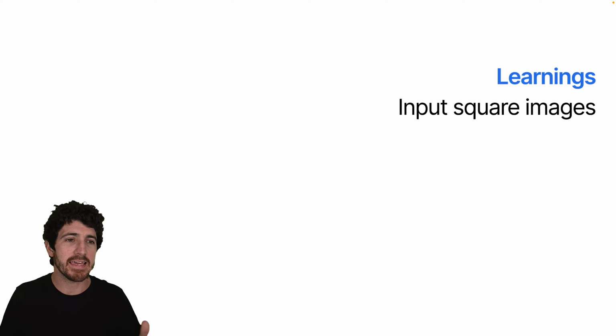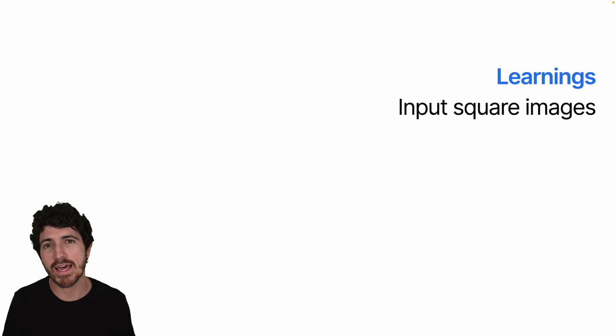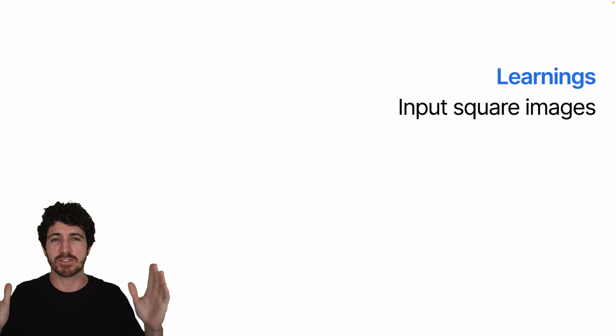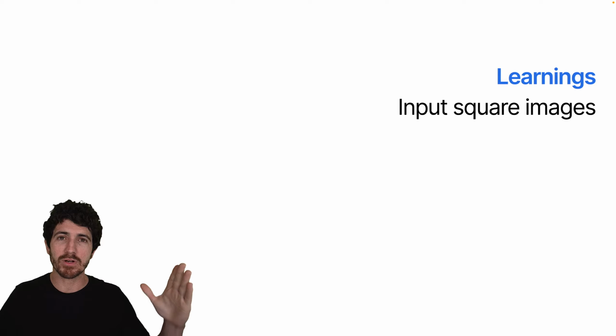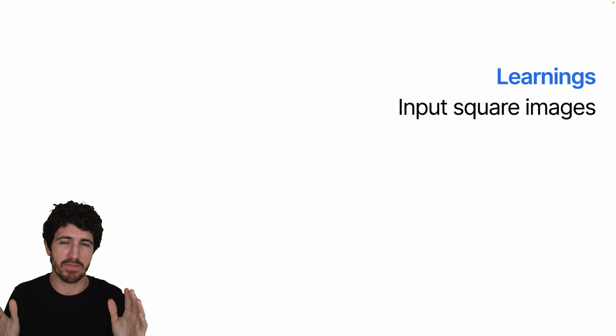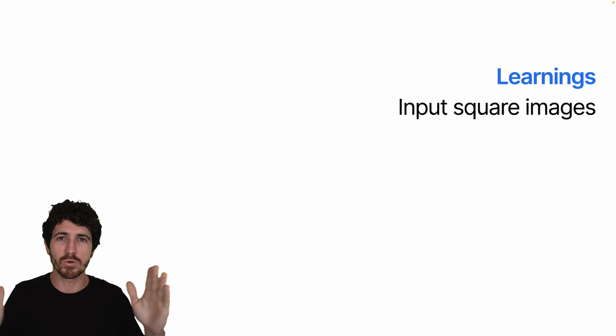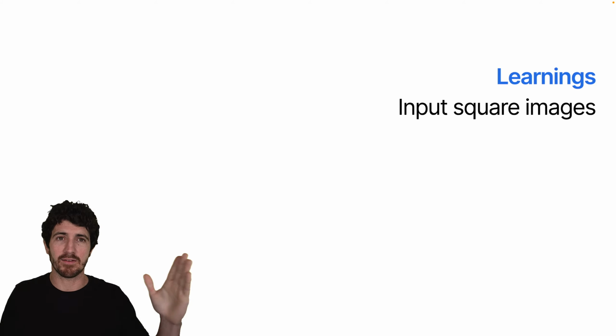The first thing is that you should input square images, right? I have an example on the generated images, and what happens there is that if you input, for example, a landscape image, the network actually gets a squared image. If you give an initial image, it will stretch your image, generate, and then move it back.